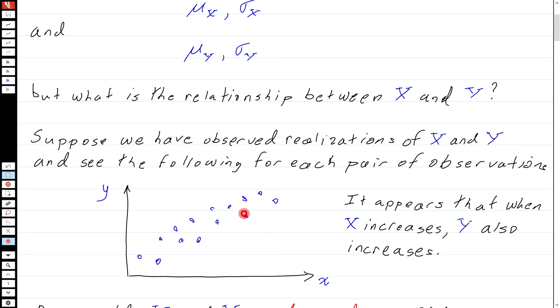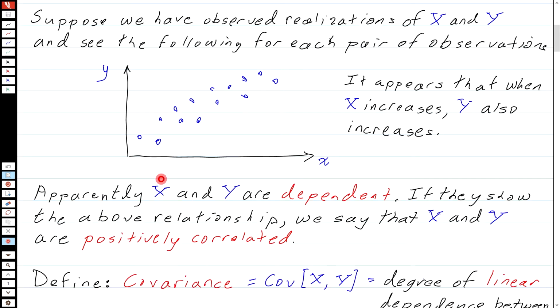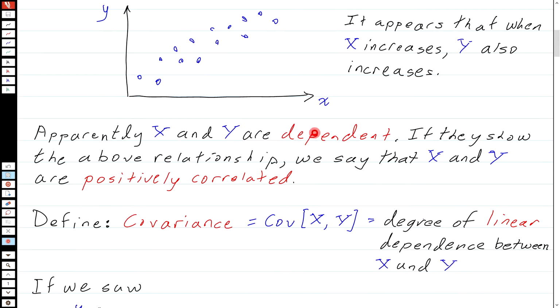If I know what x is, I know more about what y is doing. And so we say that x and y are dependent. In fact, in this particular case, we can say that x and y are positively correlated.